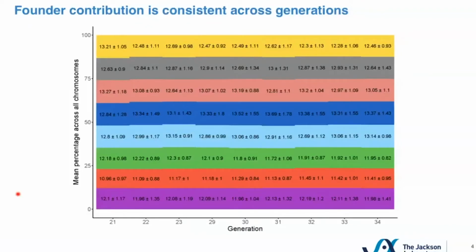Essentially, this population's founder contribution, so how much of each one of those inbred founders that started off the population is contributing to the current population, has not been assessed since generation 21. There was a big paper that came out at that generation that assessed a whole bunch of genomic things that were going on with this population.